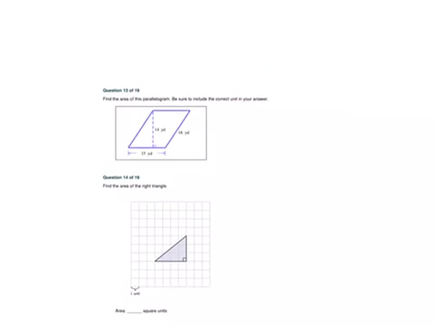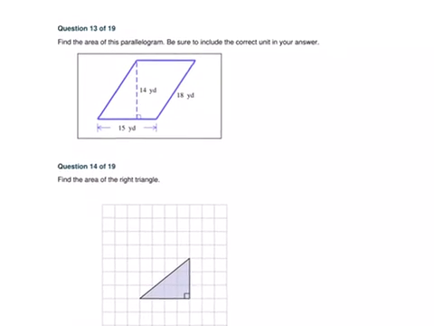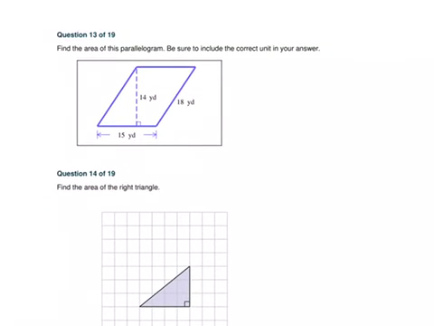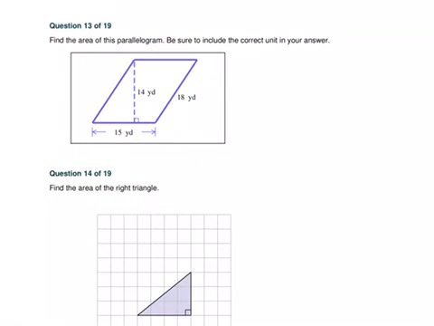All right, almost there to the end. Question number 13 of the review asks you to find the area of a parallelogram. The area of a parallelogram is simply base times height. If we look at this parallelogram, the base happens to be 15 and the height is 14.